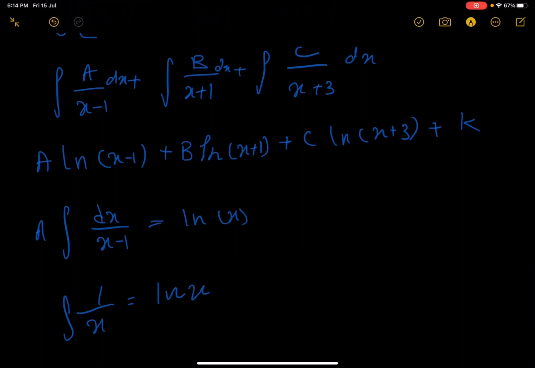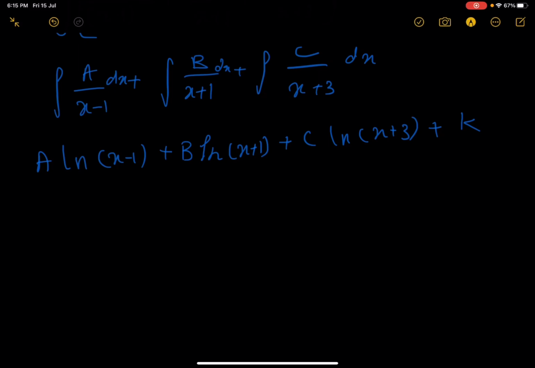So you can just deal with this term as x, and write x minus 1 instead of the x here. However, you can also do it by the other methods that we covered previously, but this is just a quick way and you need to get used to it as you're going to use it a lot with more complicated problems.